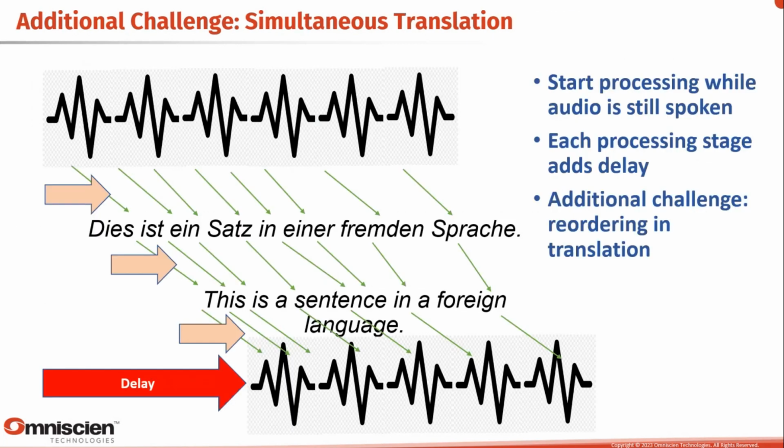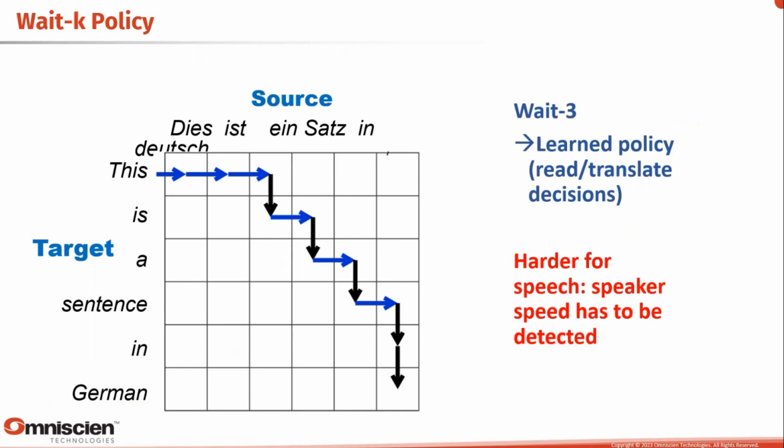One interesting tweak on that is that you want to do simultaneous translation. While the sentence is being spoken, we already want to start with the speech recognition, the translation, and the speech synthesis, so there's minimal delay between what is said in one language and what is translated into the other language. There are various technologies for that.